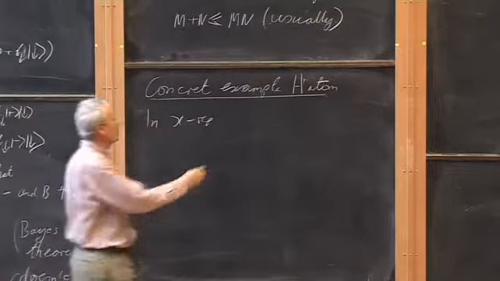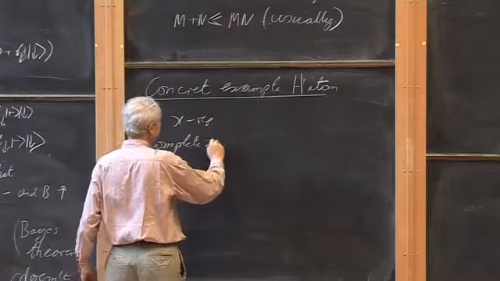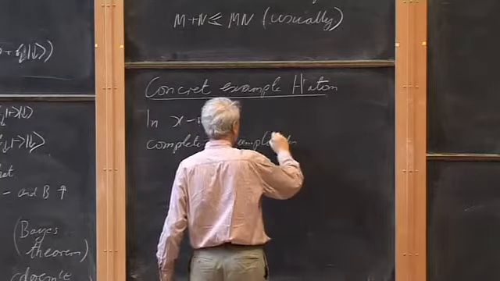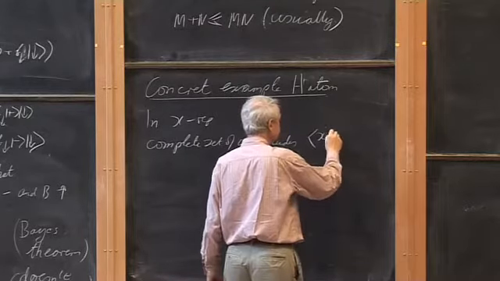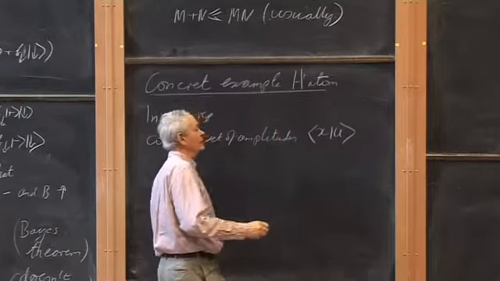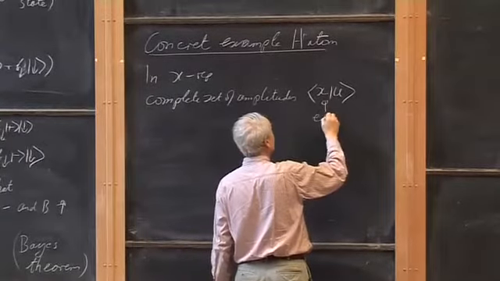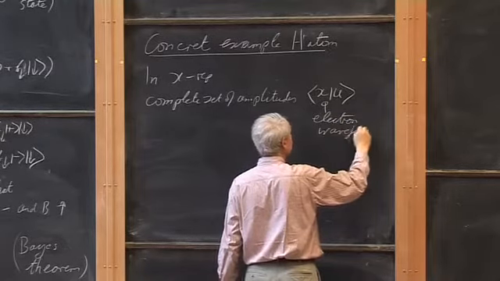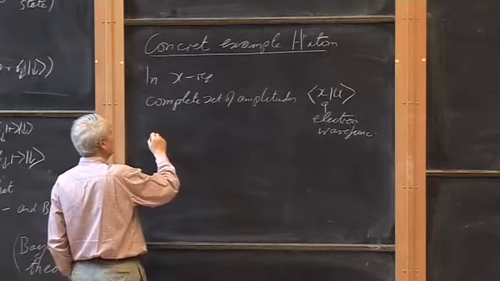Our complete set of amplitudes are going to be things like x, so let's make this the electron wave function, and we're going to have also.